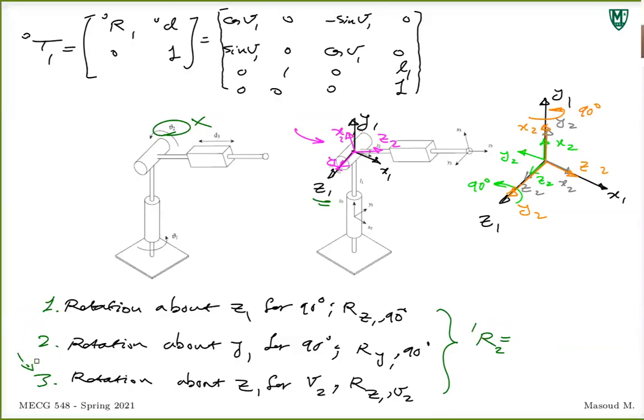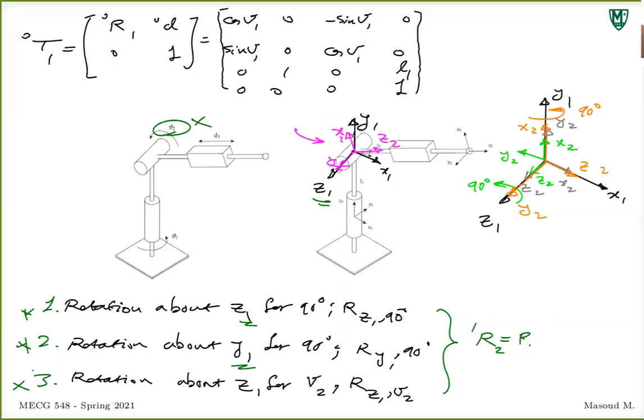But right now you have this one in between that is not about Z1, it's about Y1. Since we do matrix multiplication, you can't jump. The order matters, so you have to do the last rotation first when multiplying, then the one before, and then the one before that. If they were in a row, yes, you could just put them together. But here, if you do the switch, you're going to get the wrong transformation matrix.